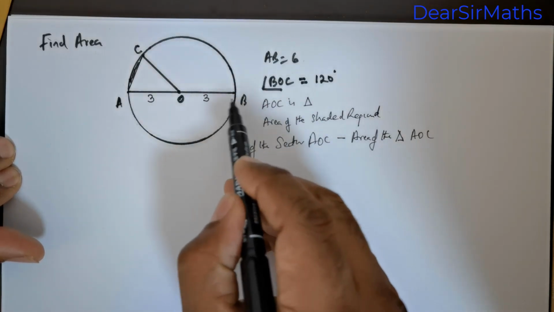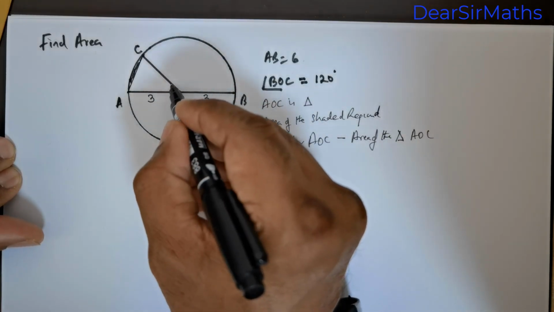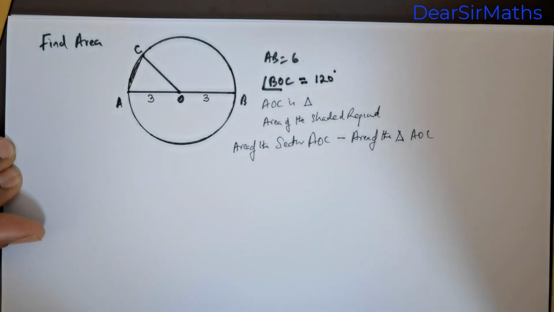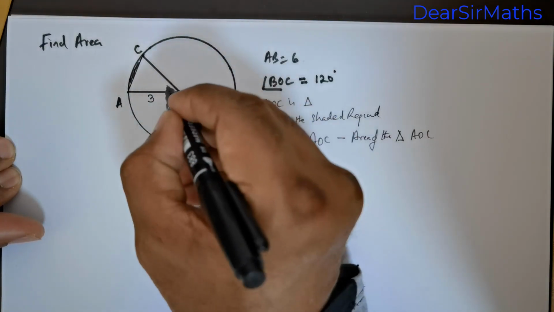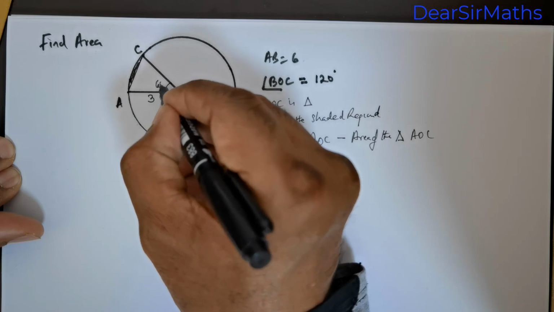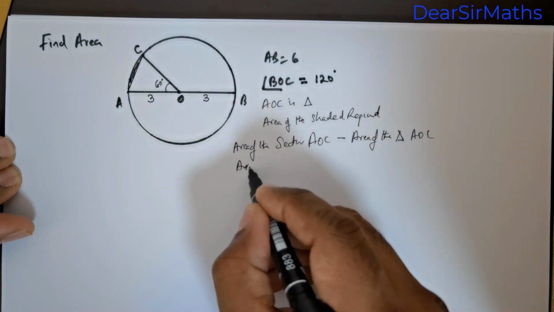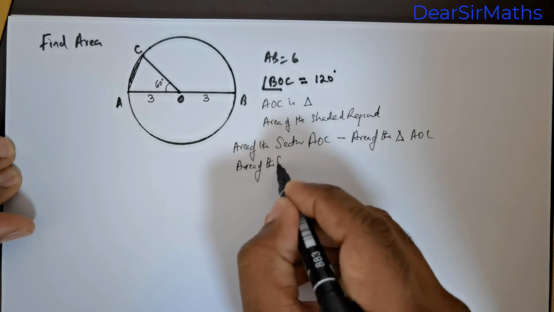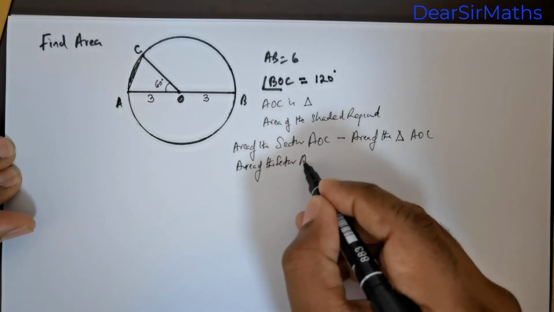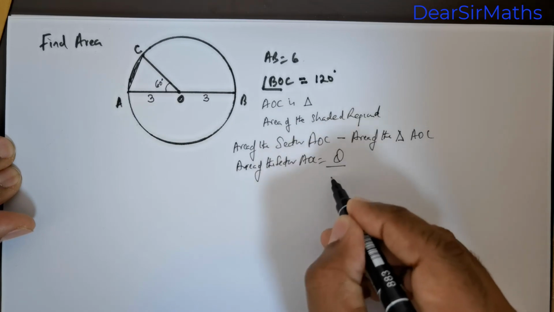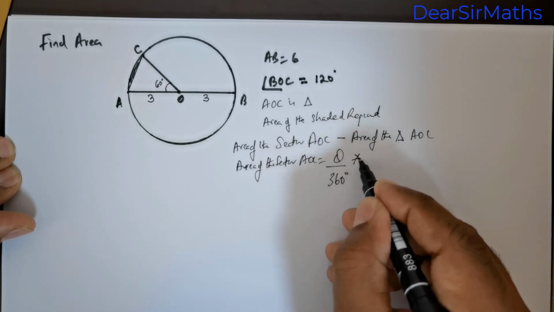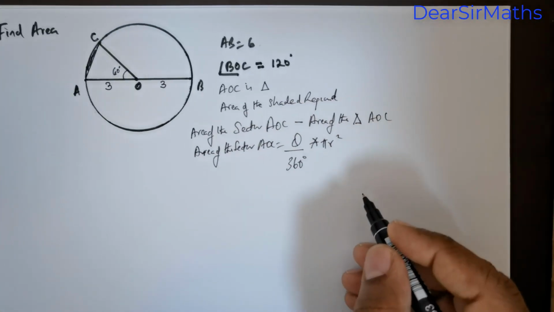Now area of the sector is easy. Why? Because BOC is 120. So if BOC is 120, this is going to be 60 degrees, right? So area of the sector AOC is equal to theta over 360 multiplied with pi r squared.